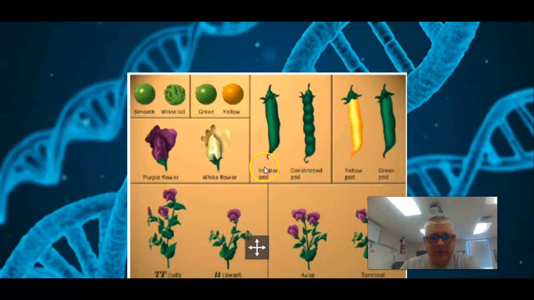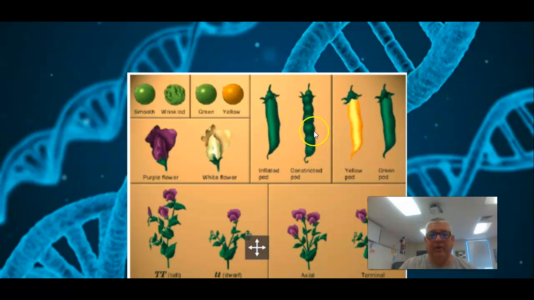This is the one we're going to look at today for this next scenario. Not the color, and we're going to go with different wording here. We're going to go with smooth versus wrinkled. Now it's not really wrinkled, but that's what they call it. I would call it pinched. I've heard of it as that because it looks like they're pinched.